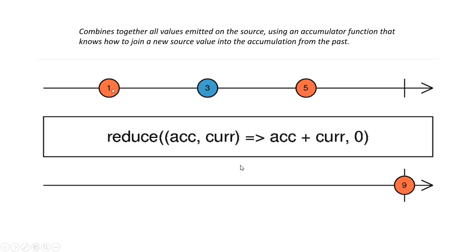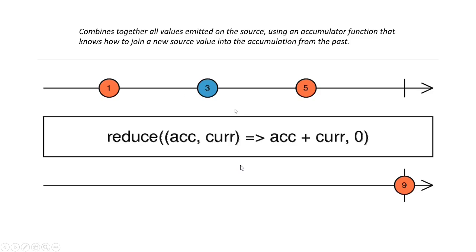So in this case 1, 3 and 5 will be the current value. There is also a third variable which is optional, which is the index. Okay, we will see that in just a moment. When 1 comes, the current value will hold that, and the initial seed value for this acc variable is 0. This function just adds this value into the accumulator.